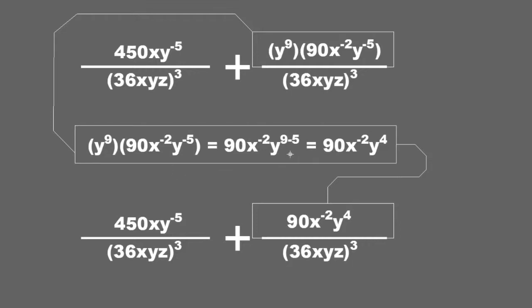I have to add the exponents, and the new exponent is 9 plus -5, and 9 plus -5 is the same thing as 9 minus 5, and 9 minus 5 is 4. So all of this expression up here becomes 90 multiplied by x with an exponent of -2 multiplied also by y with an exponent of 4.